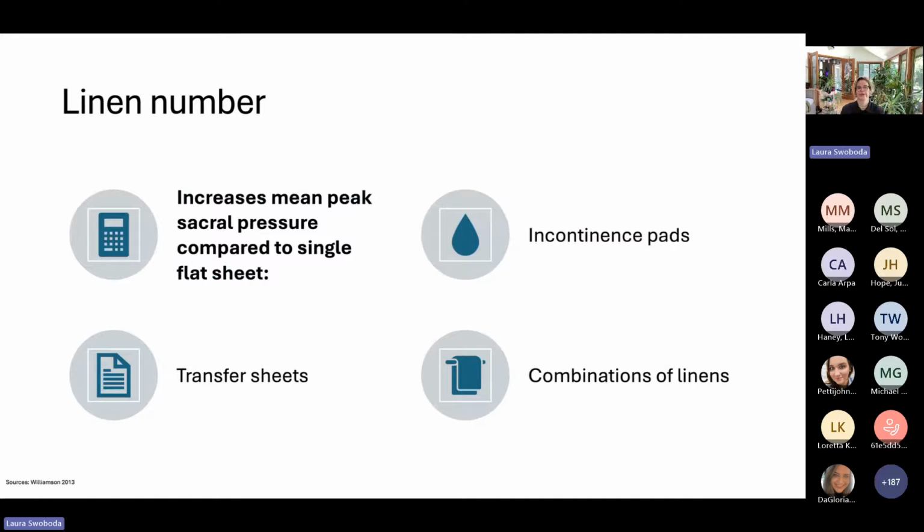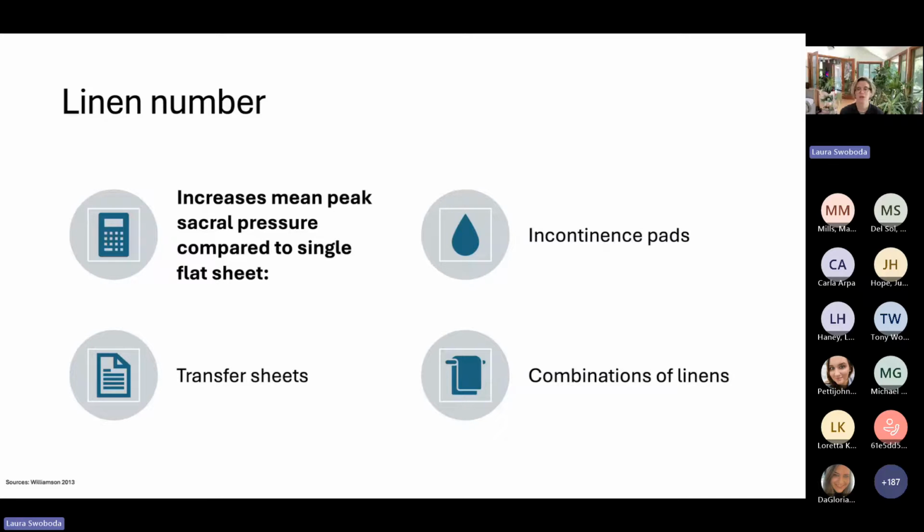Now the linen number as well. So the linen number increases the mean peak sacral pressure compared to a single flat sheet. And this is evidence-based. This is from Williamson. And they looked at that mean peak sacral pressure of the linen numbers. Then they looked at transfer sheets, incontinence pads and combinations of linens.